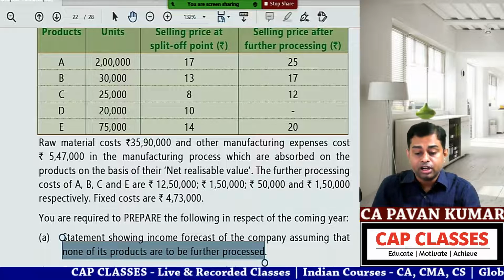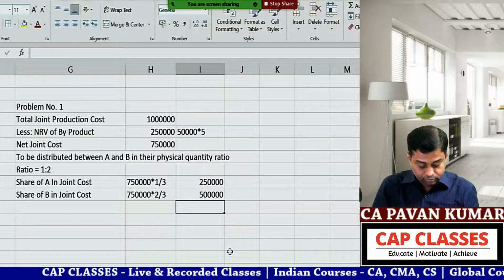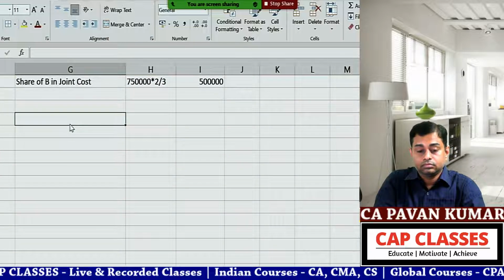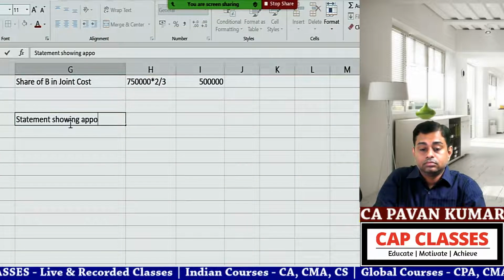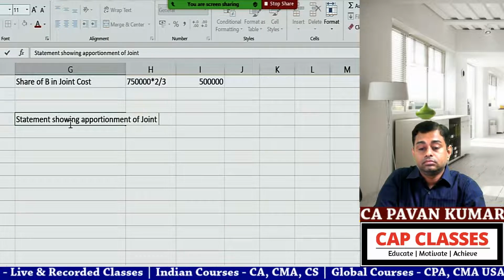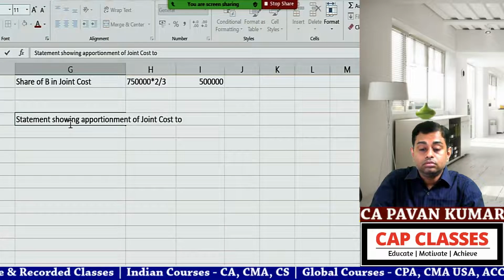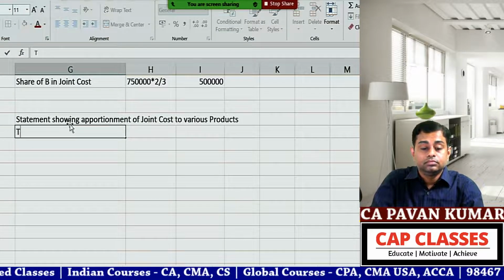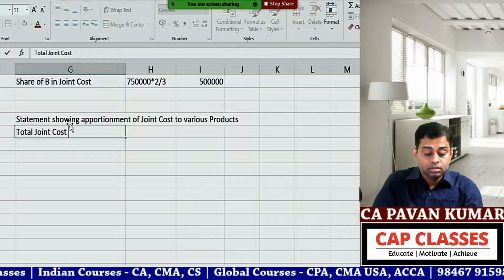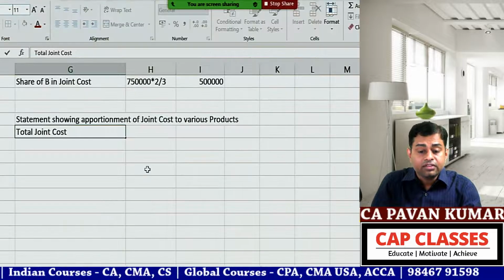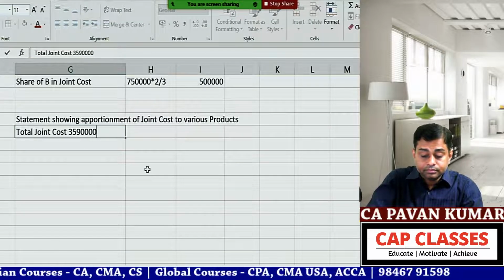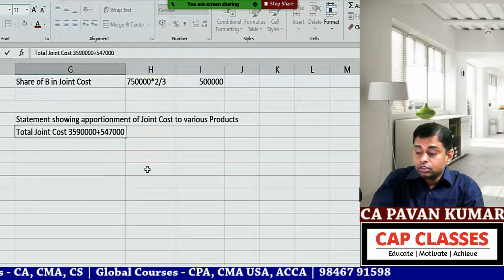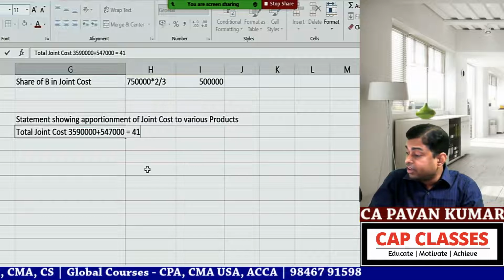Statement showing apportionment of joint cost to various products. Total joint cost. So they have given 2 costs, 35,90,000 plus 5,47,000. So you calculated and you said it is 41,37,000.